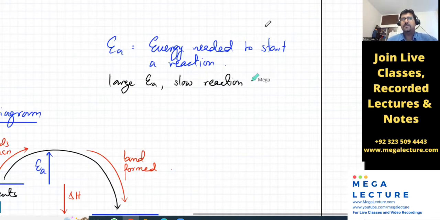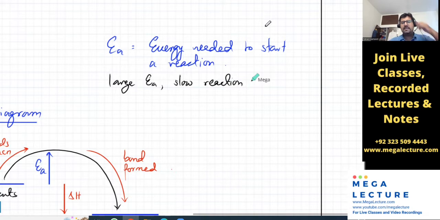So that's one thing, like rusting of iron. You've got iron, you've got oxygen in the air, but very slow reaction. Because it would probably be very hard to break the bonds of iron.